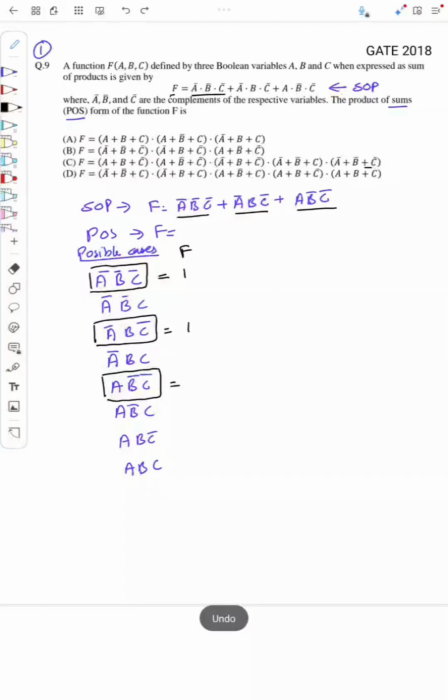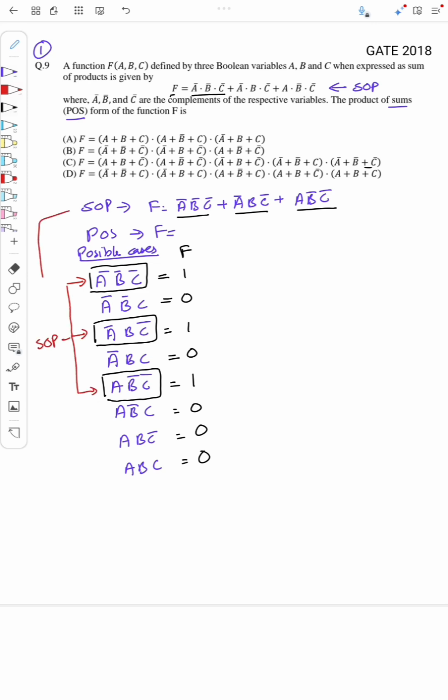And for all other terms, for example when the term is a bar b bar c, the value is 0, right? So that's what actually this f means. And for SOP, what we'll do, we will just sum these terms, right? We'll just add these terms and we'll get the SOP, which is shown here.